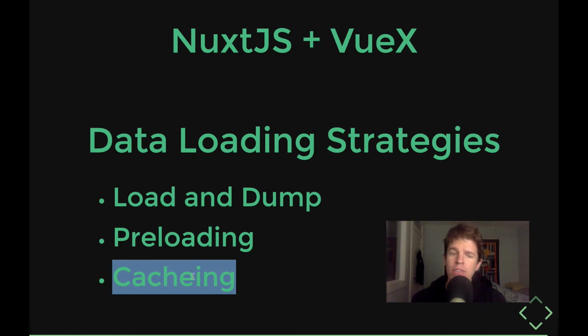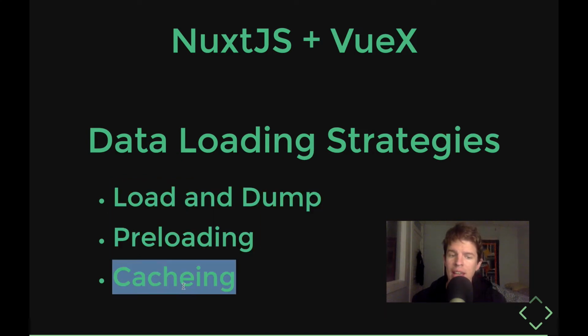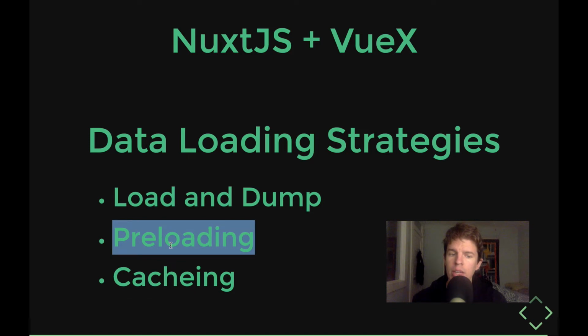So if you have the time to put into a caching system, and you think your app is going to need it, then go ahead and do that. But these first 2 are a lot easier, and we can do a combination, doing caching when needed, doing preloading when needed, and doing the load and dump strategy when needed as well.